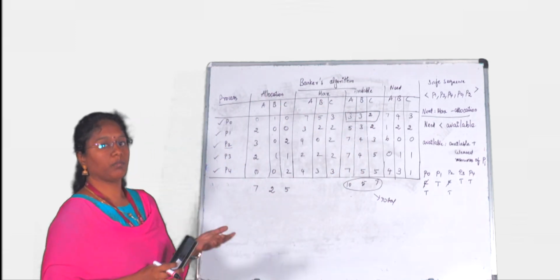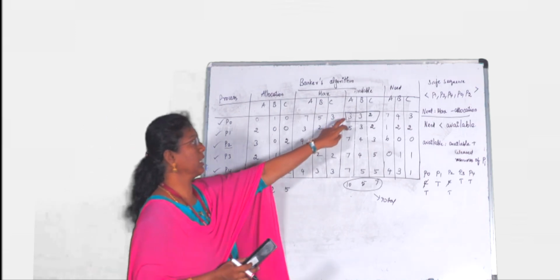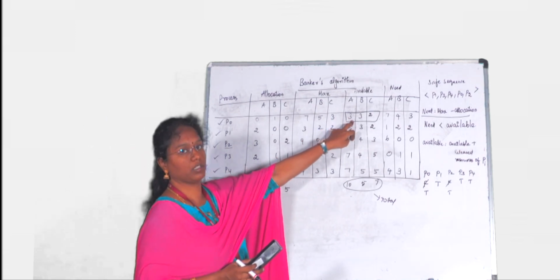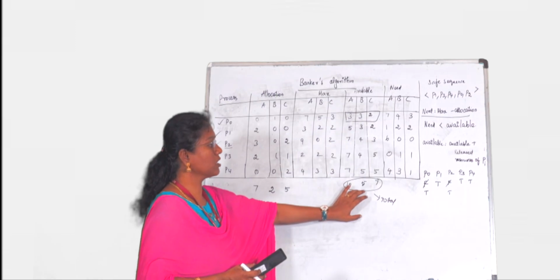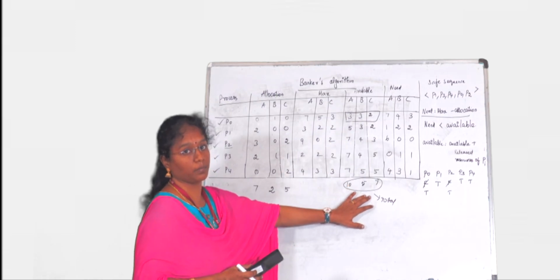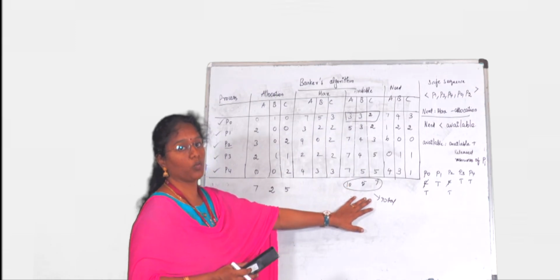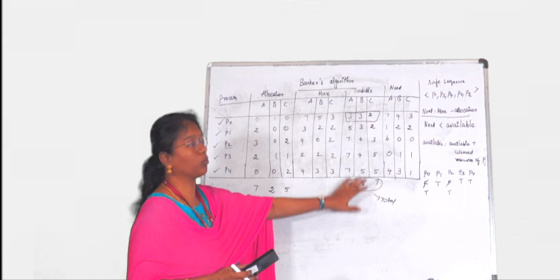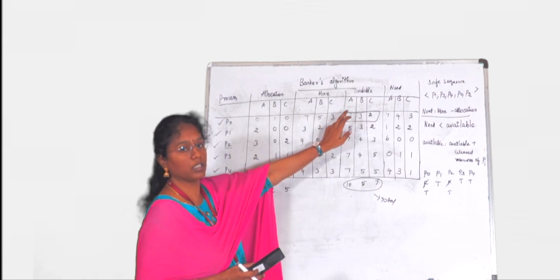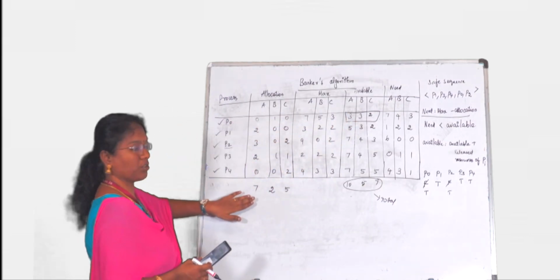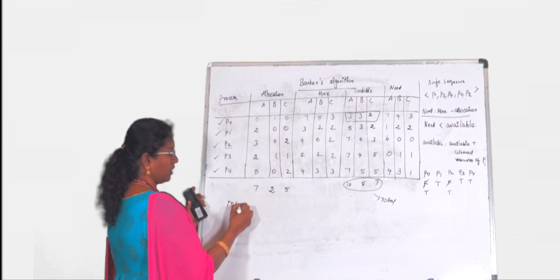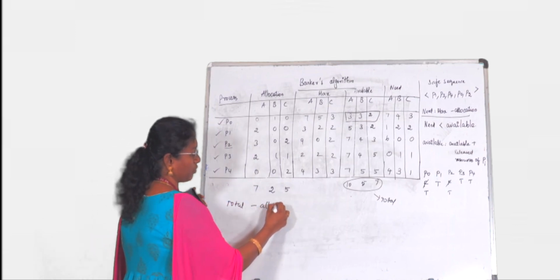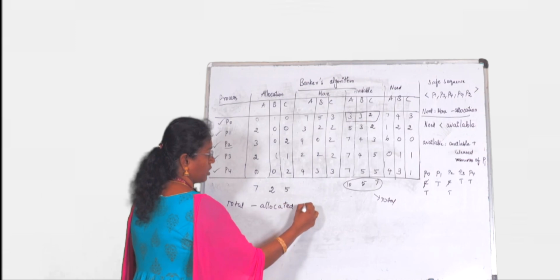In some problems, they will not give you the available resources currently in the system. They may give you the total resources of the system. At that time, what do you do? How can you find the availability of the resources? You add all the allocations of resources and subtract. Total minus allocated resources equals available.